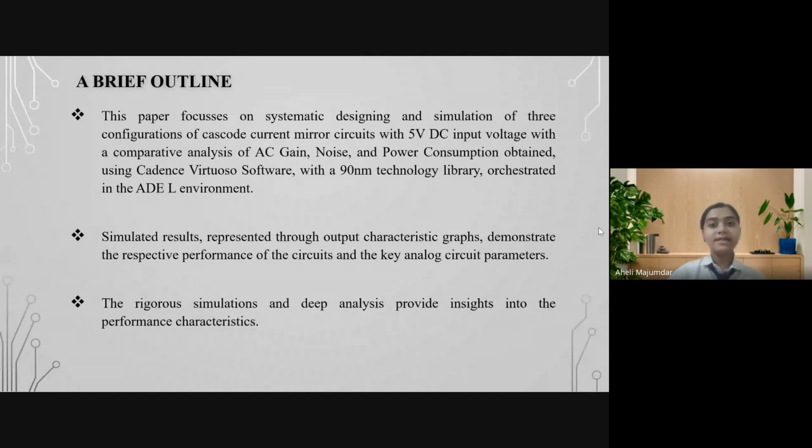Now, all this was orchestrated in the ADE L environment of a software known as Cadence Virtuoso, which offers a versatile platform for every stage of the circuit design process. In addition to this, we also employed the generic process design kit, the GPDK 90 library, or the 90 nanometer technology library. The simulation outputs were displayed through different characteristic outputs.